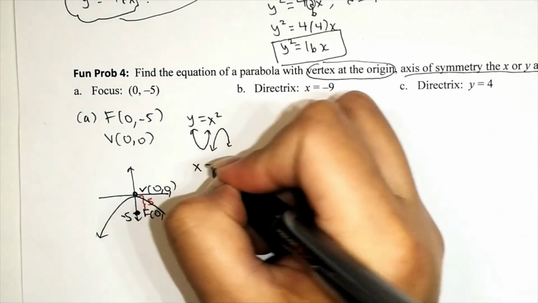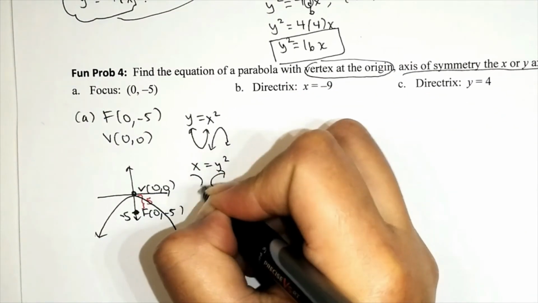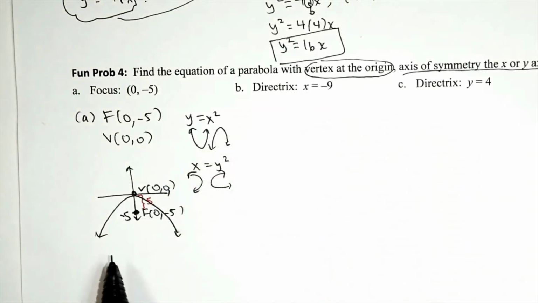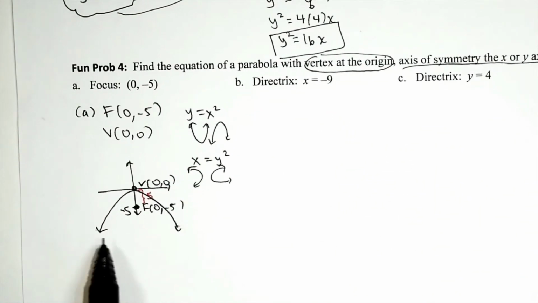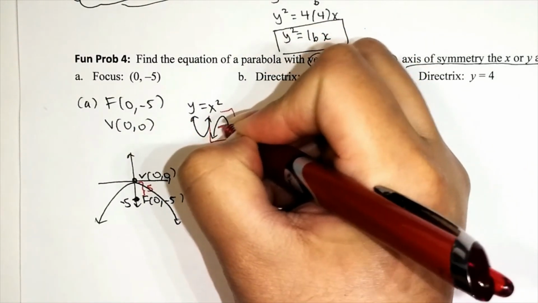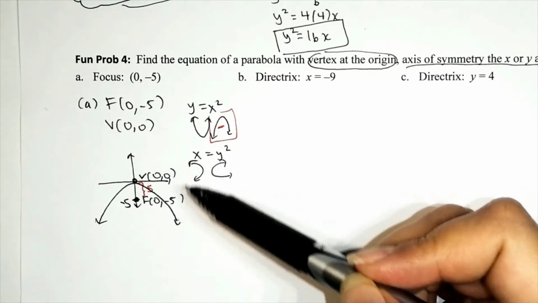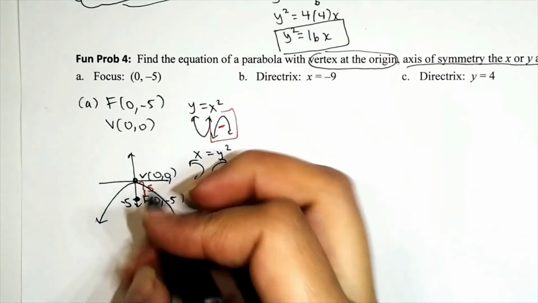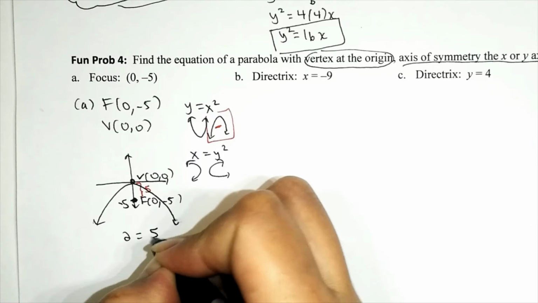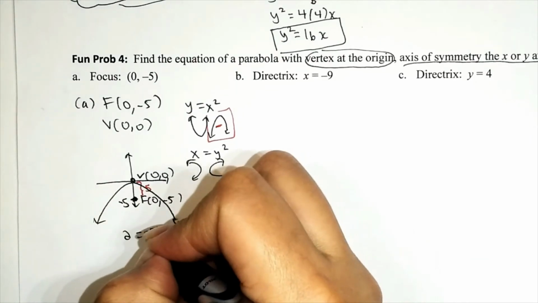If we have x equals y squared, we're going to have those sideways parabolas. In this case we have a parabola that's going down, and if it's going down, that means that the value of a is negative. Because the distance from the vertex to the focus is 5 units, we know that there's a 5 involved in the value of a, but because it's going down, it's going to be -5.